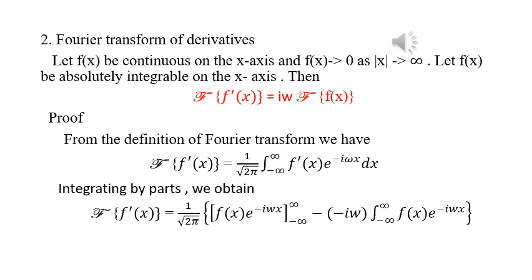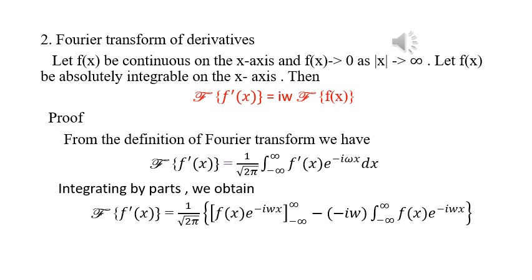That is, our integration by parts says first function into integral of second minus integral of derivative of first function into integral of the second function. Like that it goes. So here we have taken f dash of x as the second function.